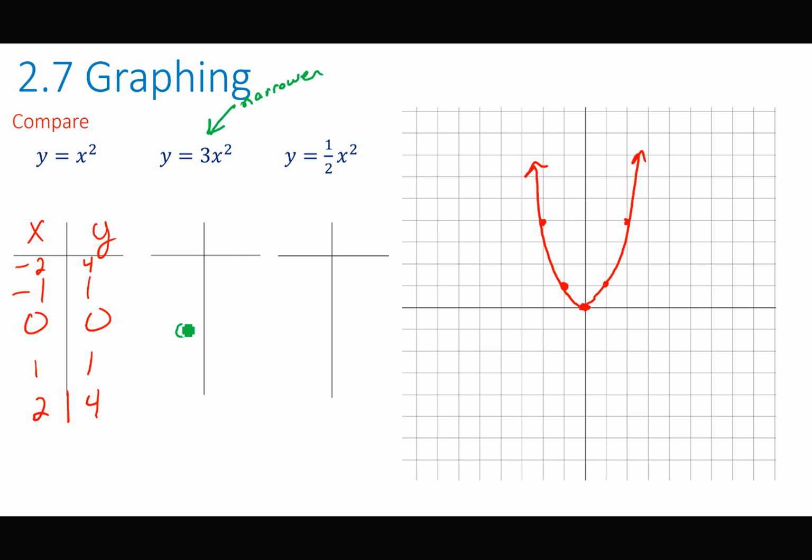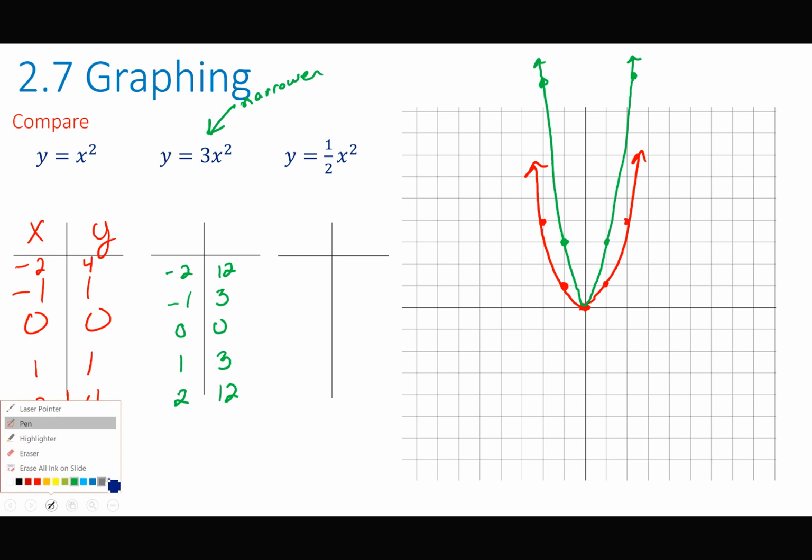So still we'd have 0, 0, but now at -1, we're going to be at 3. At -2, we're going to be at 12. And we continue on, 1, 3 to 12. So -1 now is going to be up at 3. -2 is going to be way up here at 12. And so this creates a parabola that is narrower.